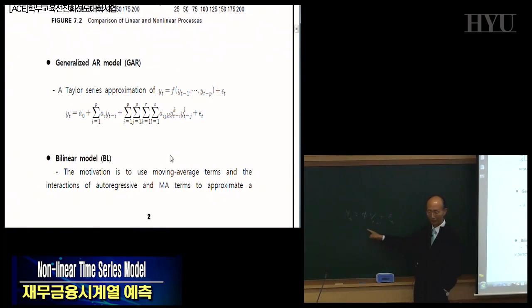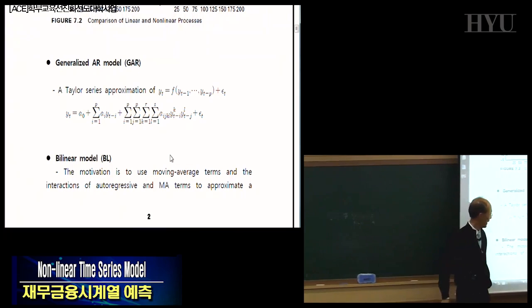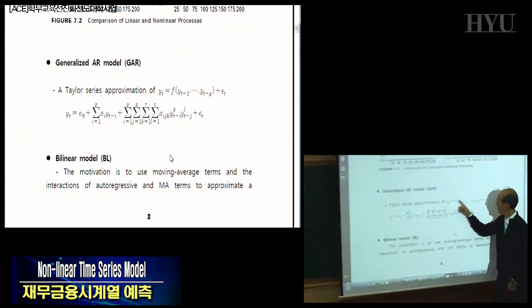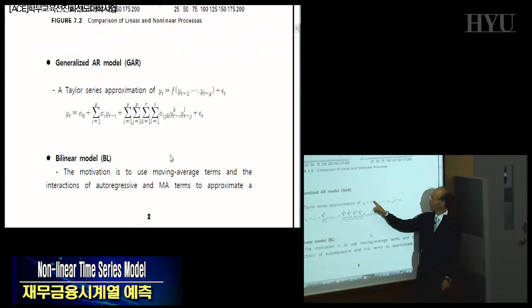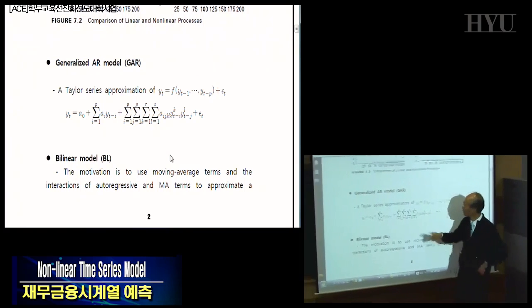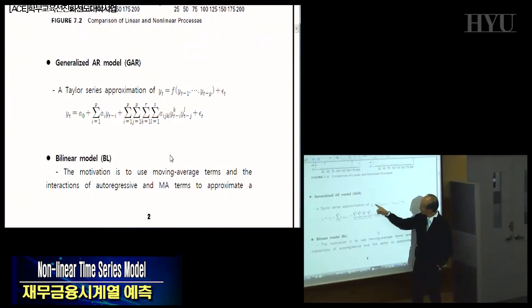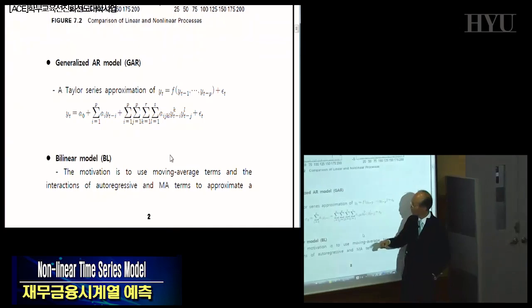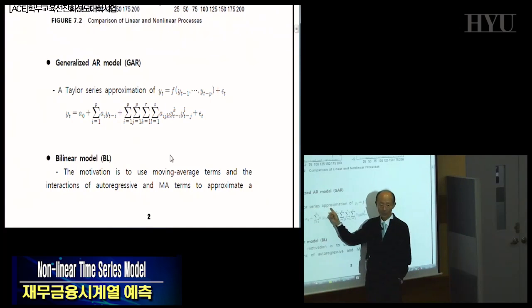It depends on only one lagged value, like this one. But in general, this function could be something else. So one way to approximate this unknown function is to use something known as Taylor series expansion.